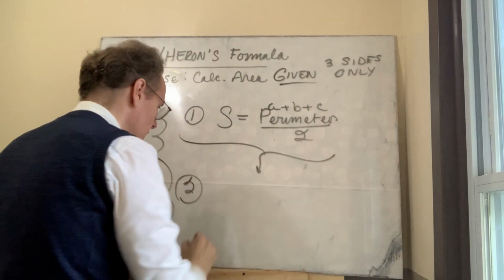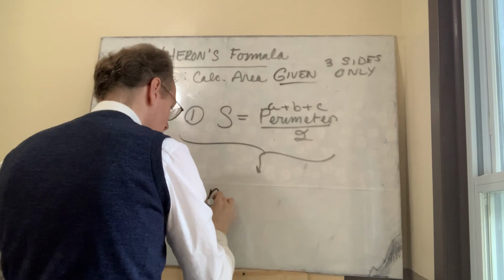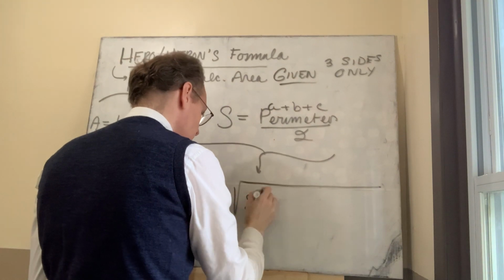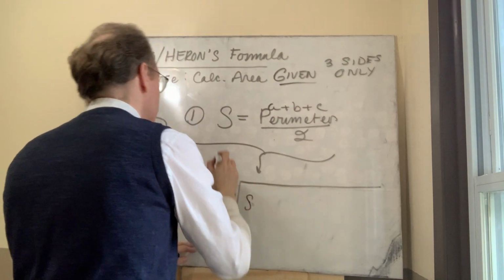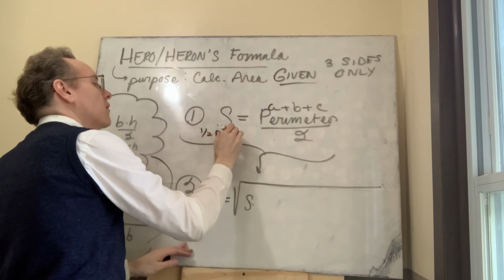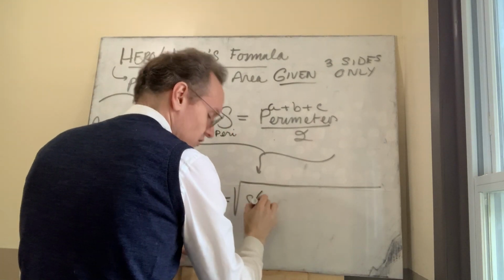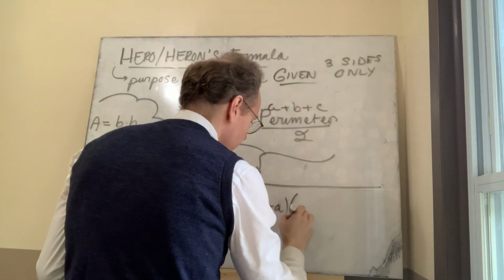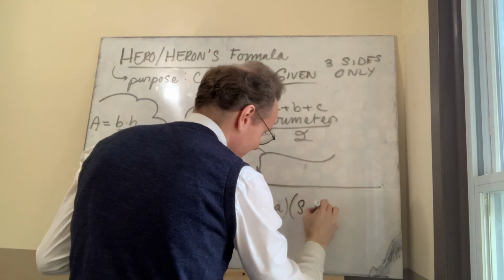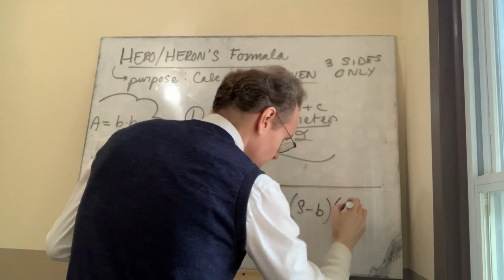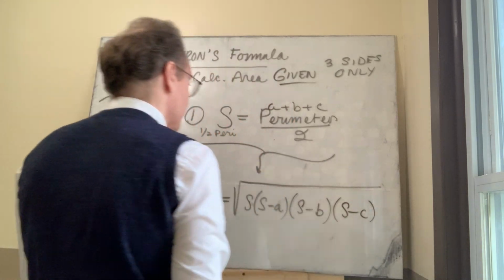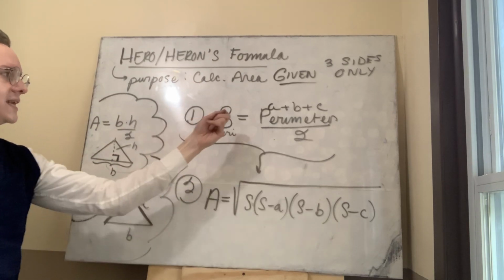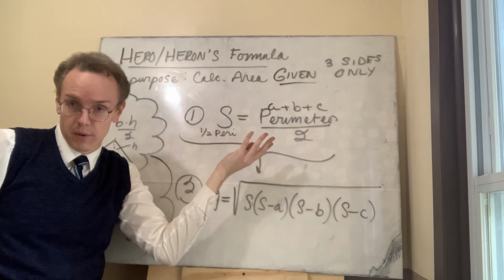Which is this officially. The area is equal to the square root of S, that's half the perimeter, times S minus A, times the factor of S minus B, times the factor of S minus C. This is the actual Heron's formula, but you would need to find S first.